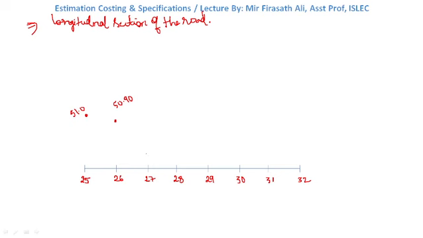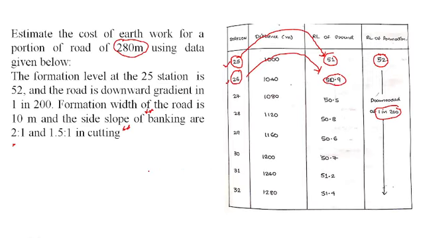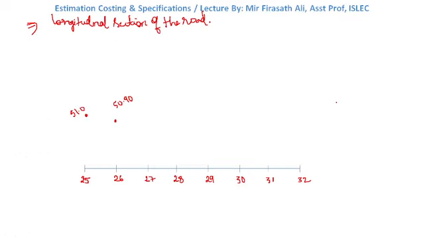The next one we have is 50.50. What is the reduced level at the 27th station? At the 27th station it is 50.5. Mark it over here. I am marking 50.5 somewhere over here. Okay.